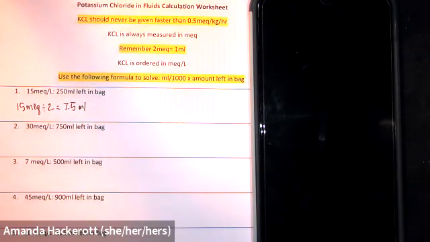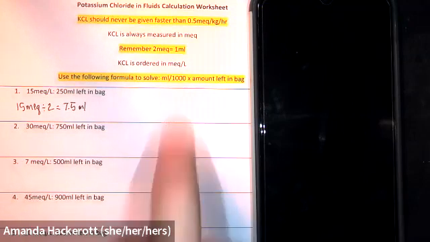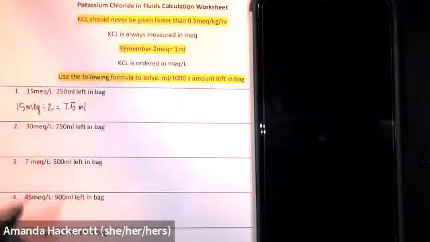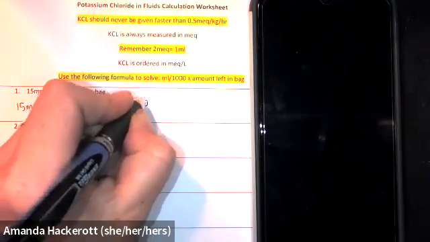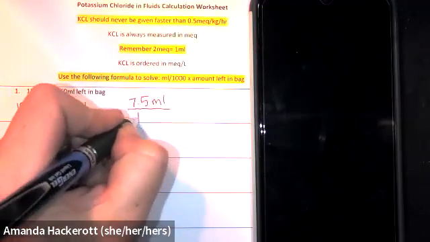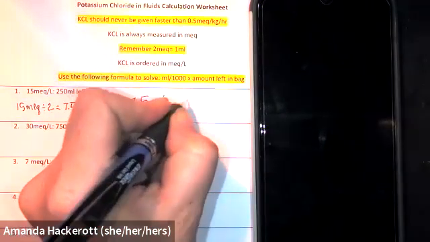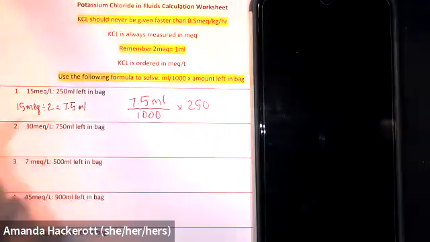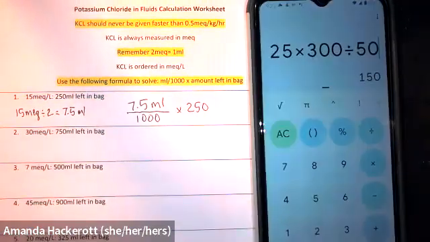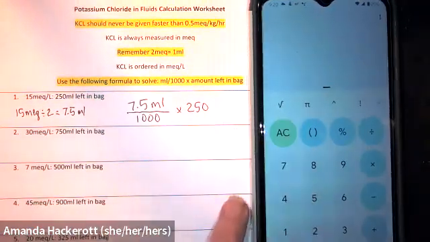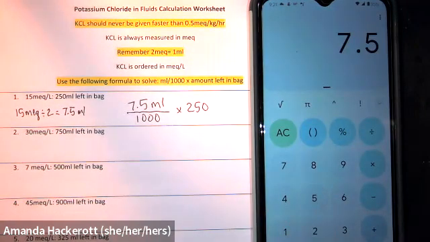And now we can add everything into our formula here. So we have our 7.5 ml divided by 1,000. And then we're going to times that by the 250 that's left in the bag. Okay, we'll add that into our calculator here. So 7.5 divided by 1,000.